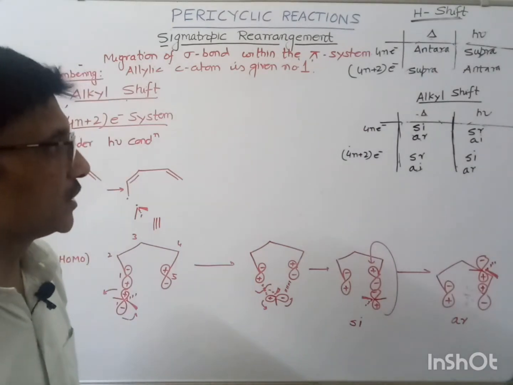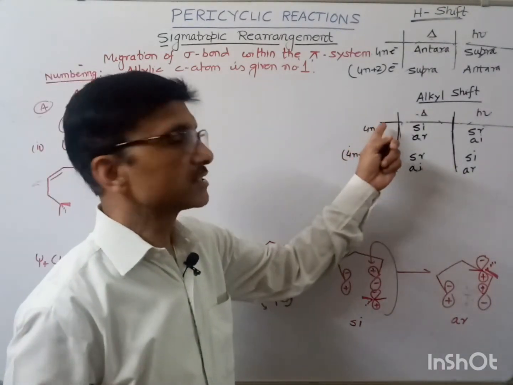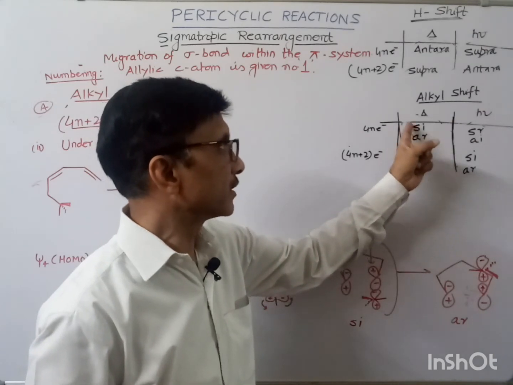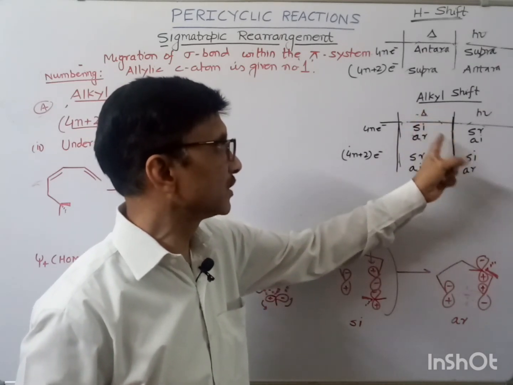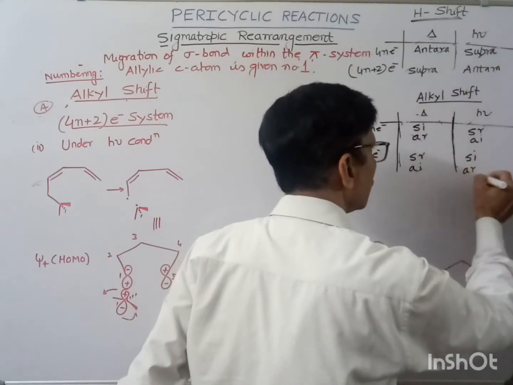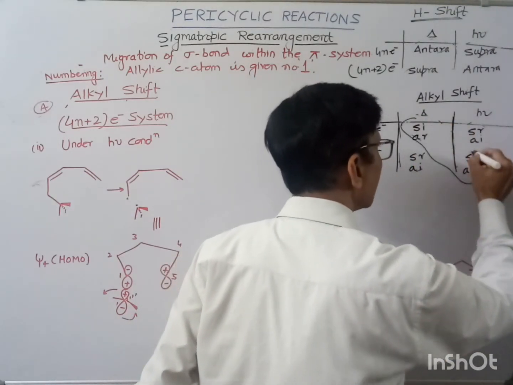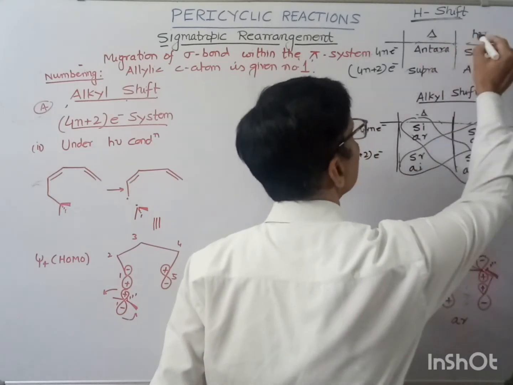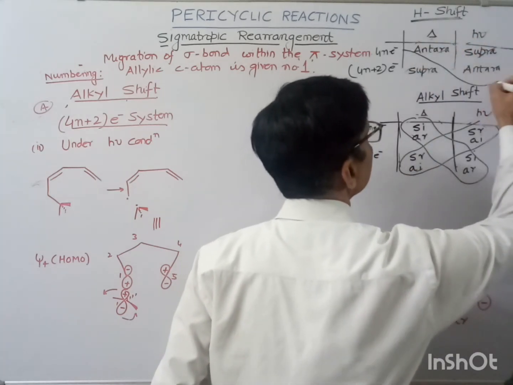So what you have seen in this selection rule: under thermal condition or in the diagonal, this follows the same rule. Diagonally the rule is the same. Here also diagonally the rule is the same, like this.